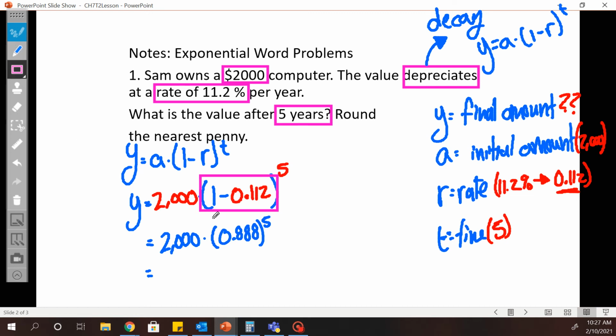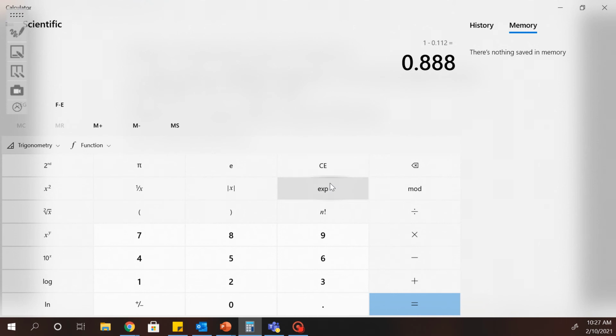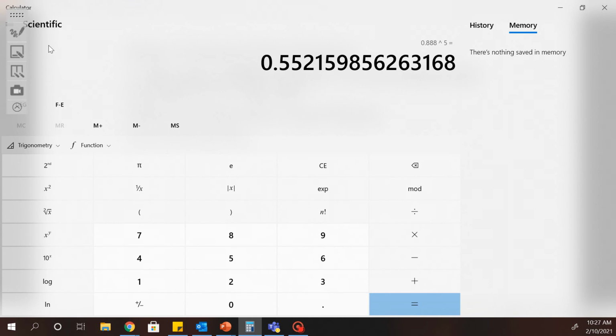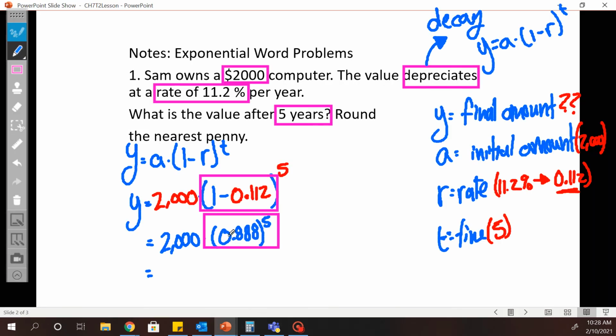All right, next we're going to do the exponent. We'll do 0.888 raised to the 5th power, which gives us this. Now, I'm not going to write this down because I don't want to round it. I'm just going to go to the next step, and I'm going to multiply it by 2,000.